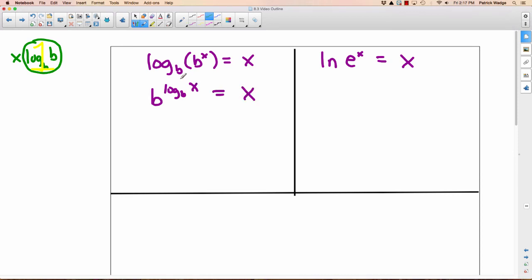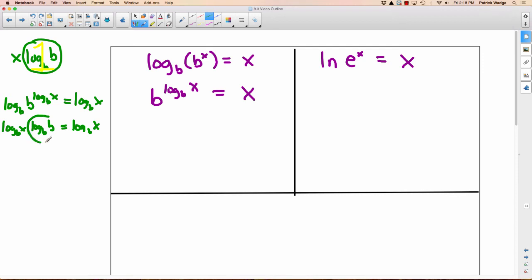Okay, to prove this one, let's take the logarithm of both sides, to the base b. So on the left hand side we'd have the base b logarithm of all of this, b to the log base b of x, equals the base b logarithm of x. Then we could take this exponent here and scuttle it out to the front, so you get the base b logarithm of x times the base b logarithm of b equals the base b logarithm of x.